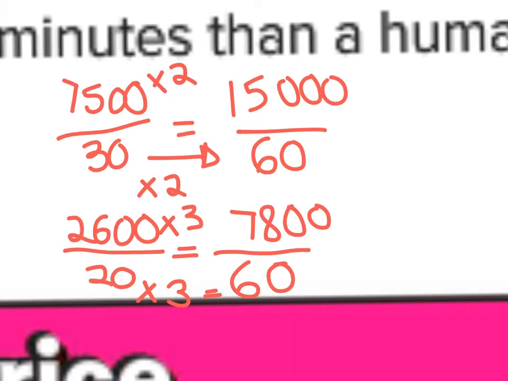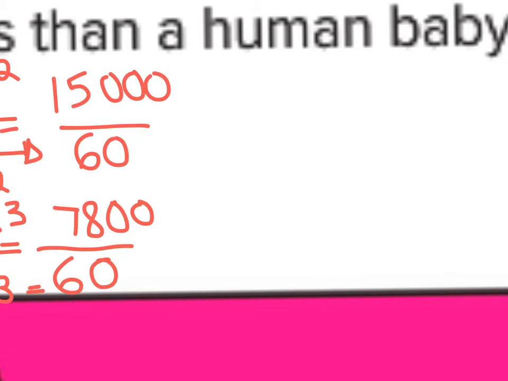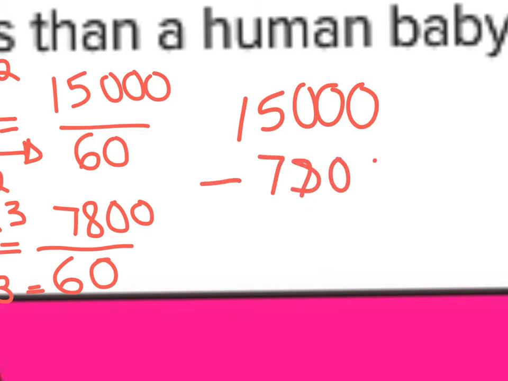Remember that the question was, how many more beats does a hummingbird have in an hour than a human baby? So how many more are here? What they're asking us for is to find the difference. So I will take my 15,000, knowing that's how many beats I get in an hour, and I'm going to subtract 7,800 from it. Okay?